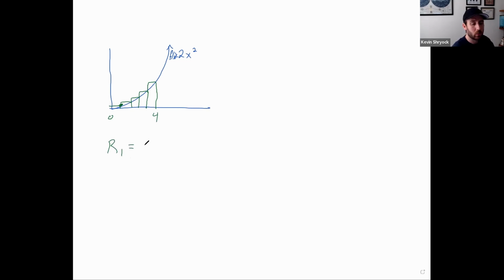Rectangle 1 is going to have a width and it's going to have a length. What's the width? The width would be, hold on. I'm not sure. Look at the picture. Pull it from the picture.